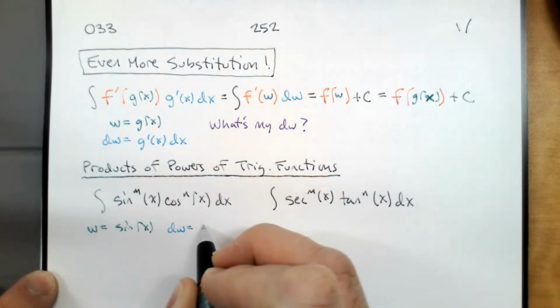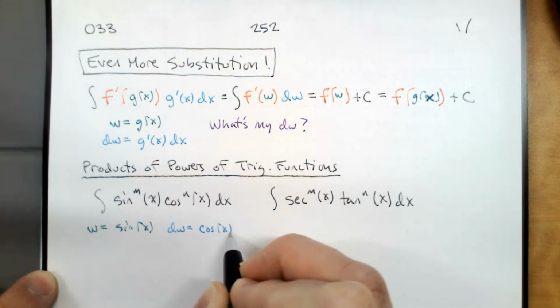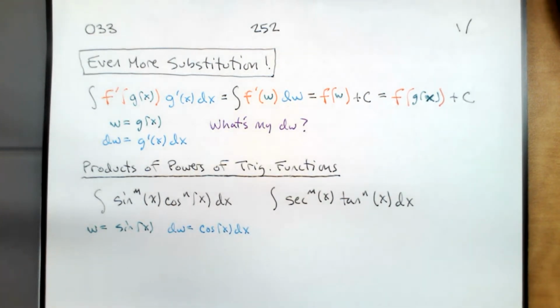The derivative of sine x is cosine x dx. The important thing to note here is that I need one factor of cosine to be the dw.